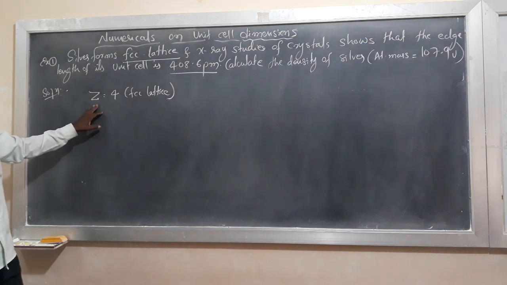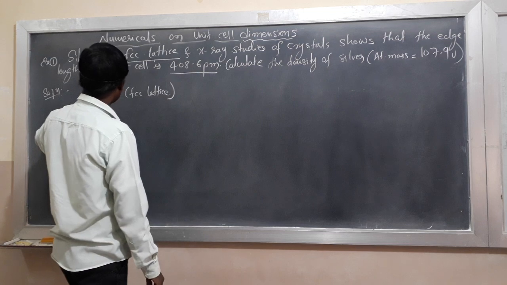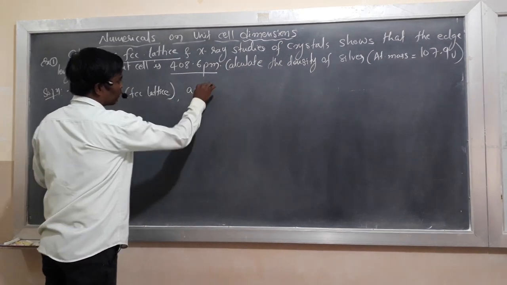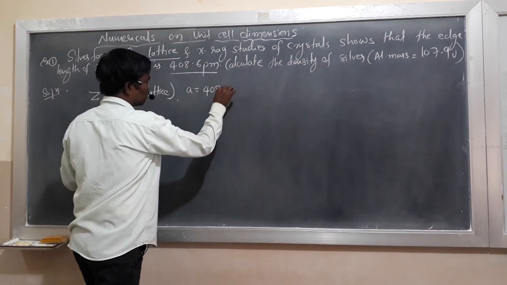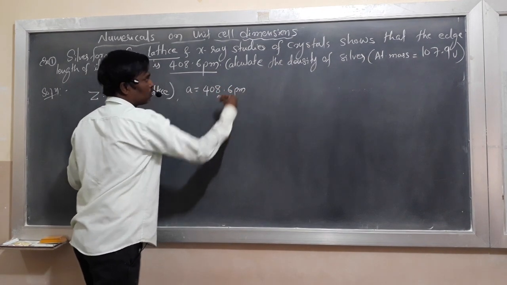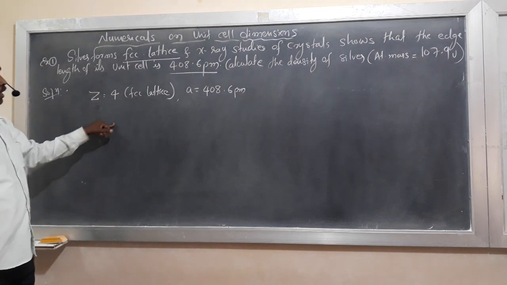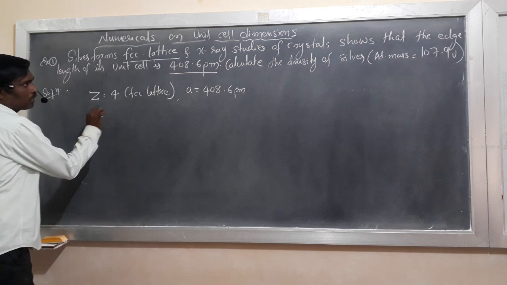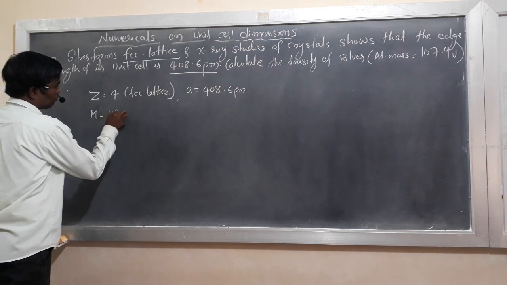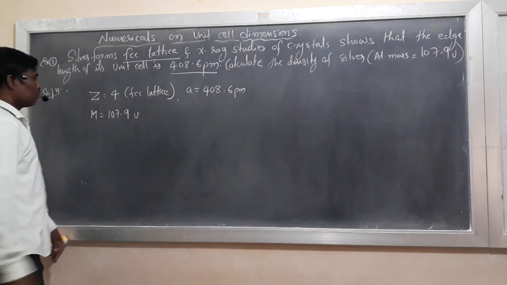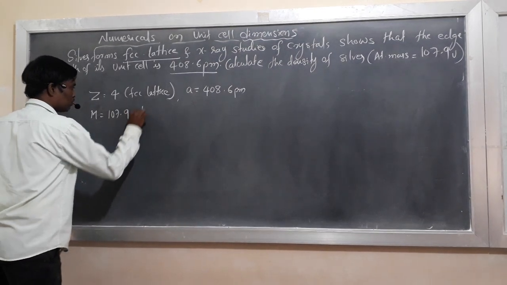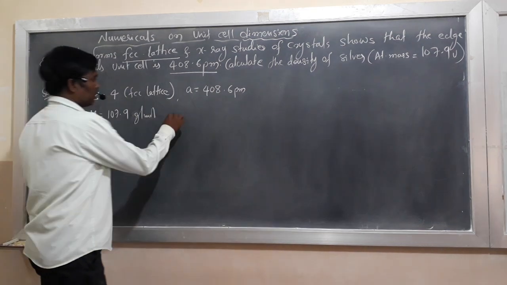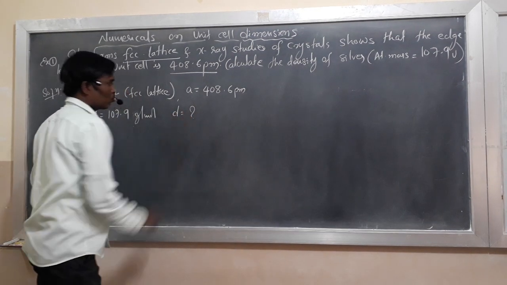Therefore the Z value is 4, and X-ray studies show that the edge length, defined as A, has a value of 408.6 picometers. Then another term given is the atomic mass of silver, the capital M is equal to 107.9 units, or you can say this is gram per mole. The density is unknown, so therefore D is equal to question mark.